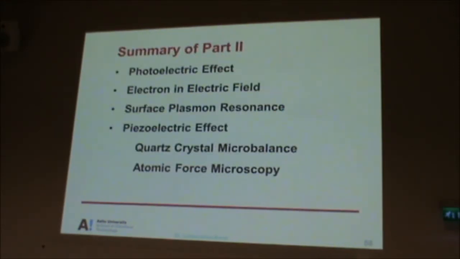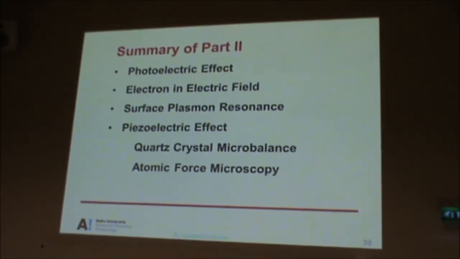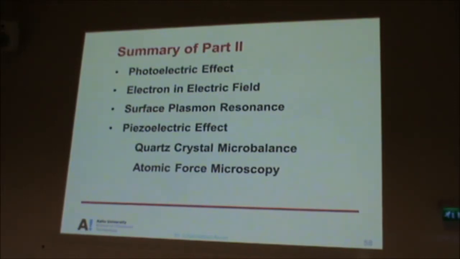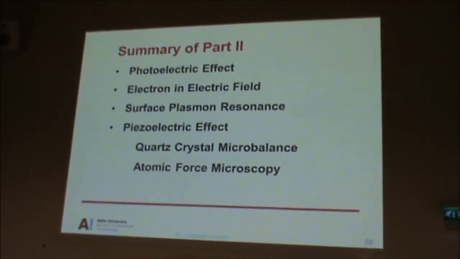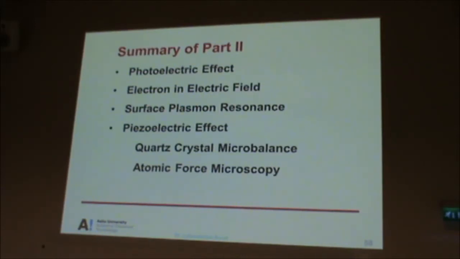Okay, so now this is a summary of the second part. We dealt with the photoelectric effect, and then we saw how electrons travel in the electric field, and how this can be used for analyzing electrons. And then we have surface plasmon resonance, where we saw how light couples with a population of electrons on metal surfaces, and how that can be used to our advantage when it comes to studying surface processes. And we also dealt with the piezoelectric effect. We saw 2 techniques.